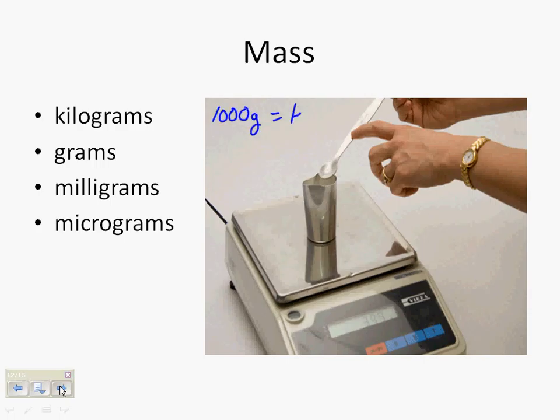There are 1,000 milligrams in 1 gram. And micro, sometimes you see the symbol like this. Micro is 10 to the minus 6. And there are 1 times 10 to the 6 micrograms in 1 gram.